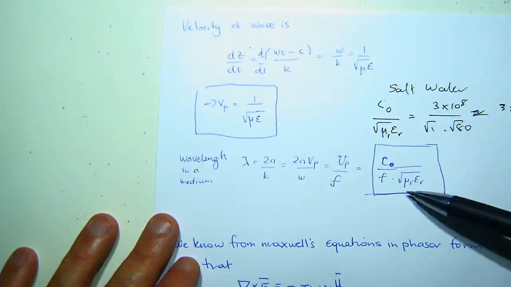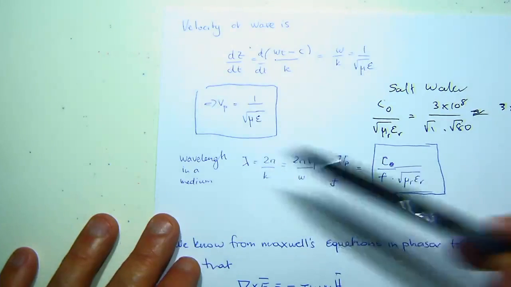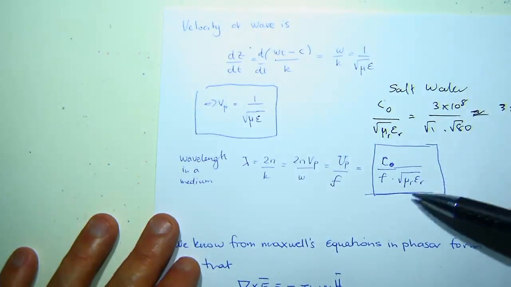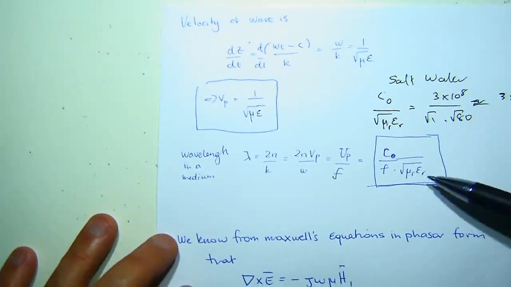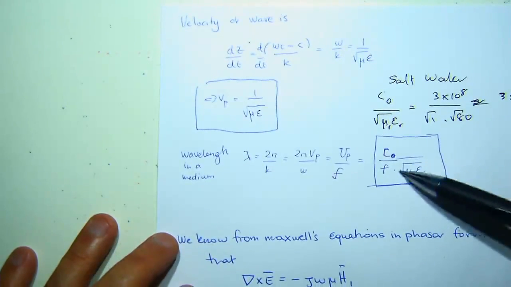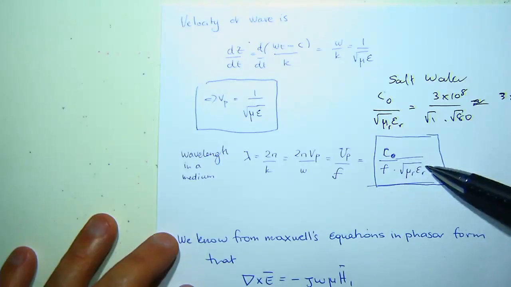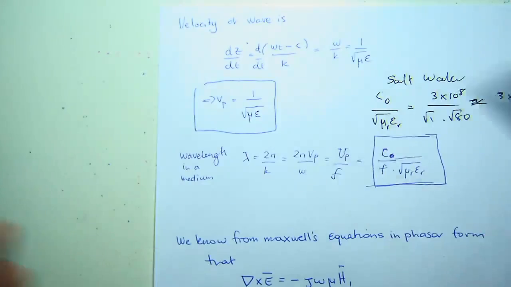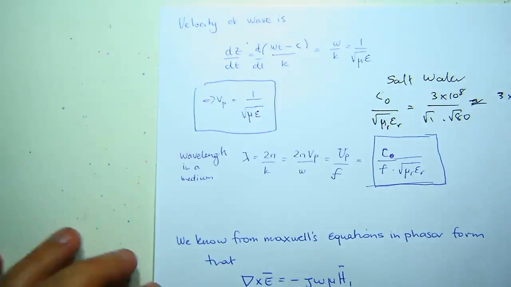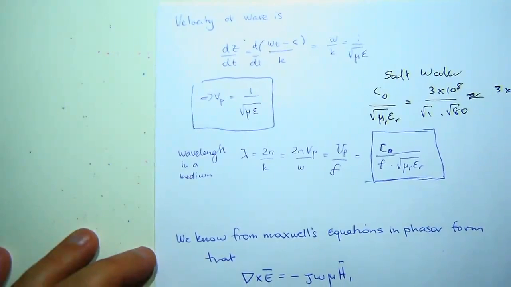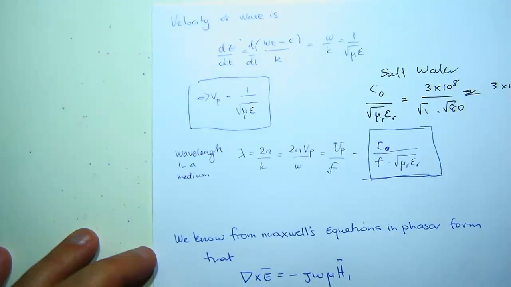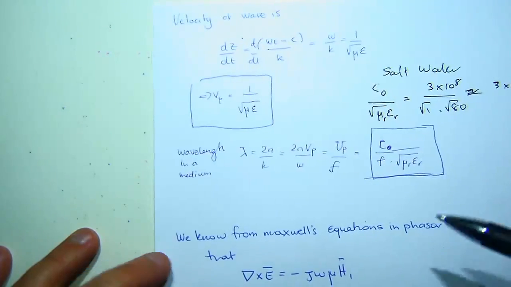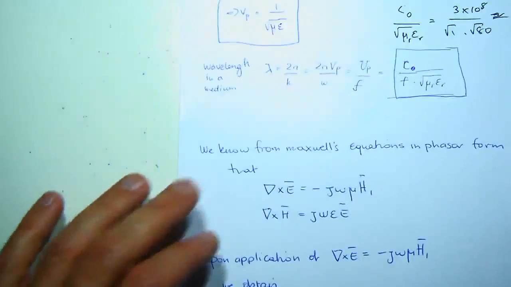We know that the speed is now 1 on root mu epsilon, which also tells us what the wavelength is. Essentially, all we're saying is, if you're in a material which has a certain relative permittivity and relative permeability, that actually decreases your wavelength. And that's very important when you're designing passive components on PCBs or other types of structures.